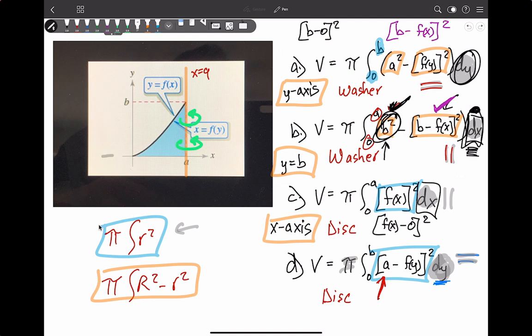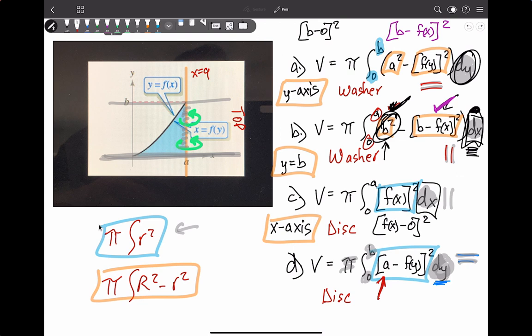Okay, so far so good. 0 to b means from 0, as far as a y value is concerned, all the way up to b. It is still checking out. So now we just have to rotate our head, assuming that this is the top, and see, is this top function minus the bottom function going to work out? Okay, so here we go. Let's go back to drawing the radius.